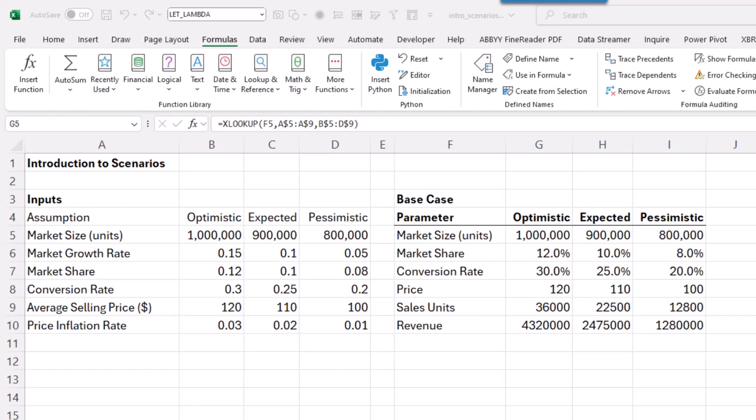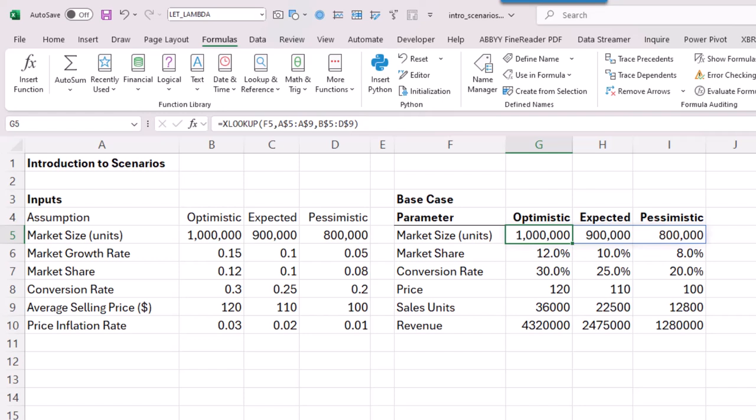In this worksheet, we are beginning to use some formulae now, and here's the first one, and I'm leveraging the dynamic array functionality of Excel now by using this formula. It's an XLOOKUP dynamic array function, F5, go to A5 to A9, not A10, because I'm not introducing the price inflation rate just yet, so we can ignore that one for now.